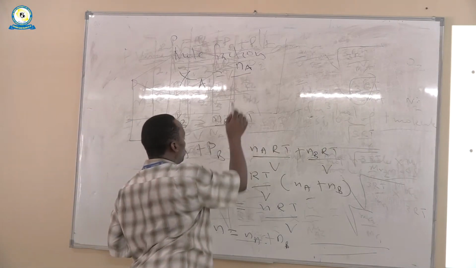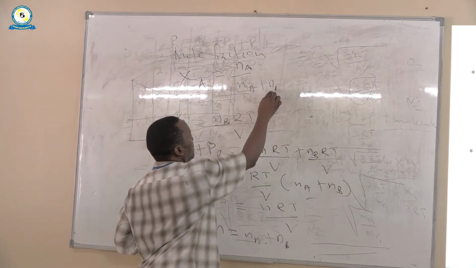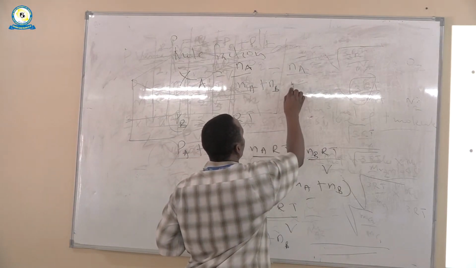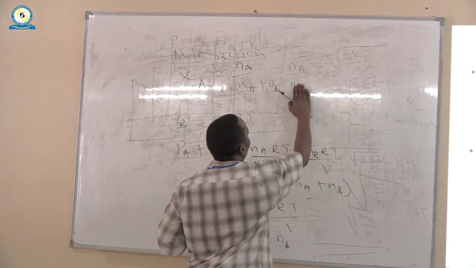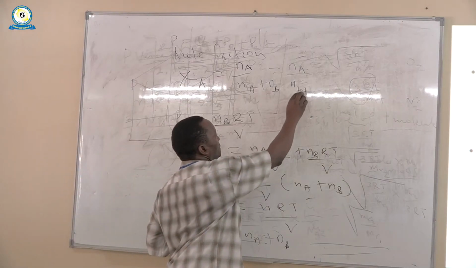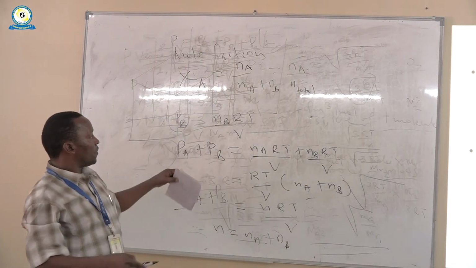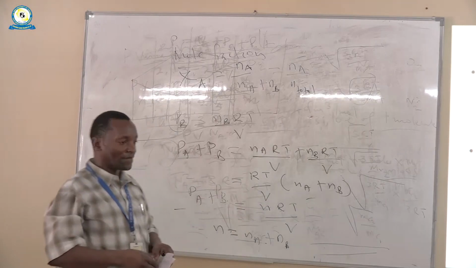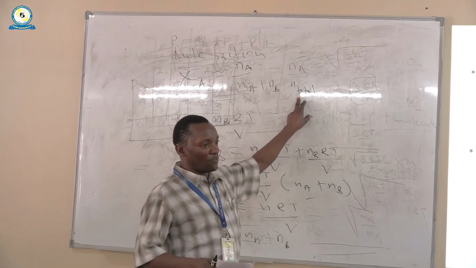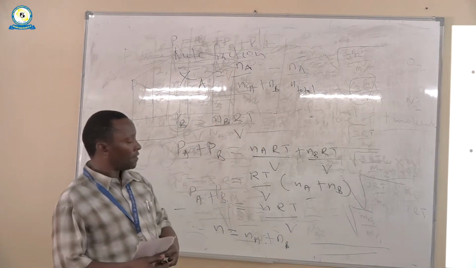The total number must be nA plus nB. So it's the same as saying we have nA over n, where n is the total number of moles in the container. So mole fraction, we present it like that. If you have the number of moles for gas A, and you have the total number of molecules present there, then you can find out the mole fraction.